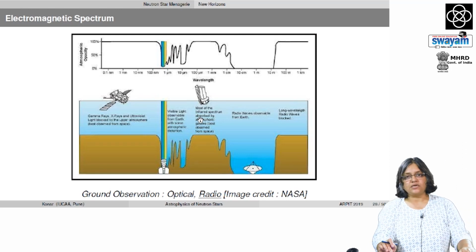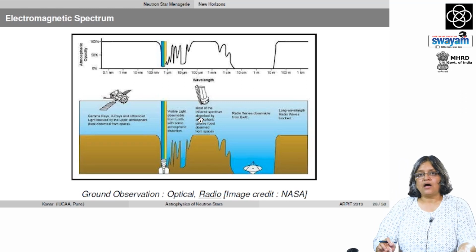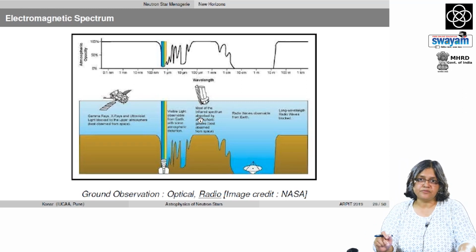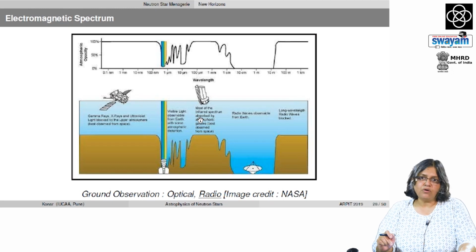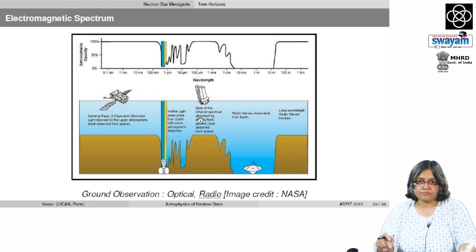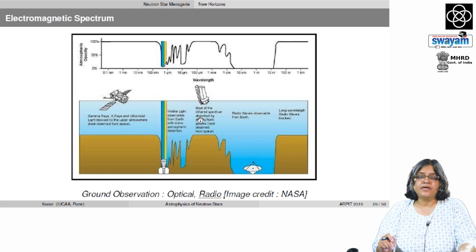Now, neutron stars, as I have mentioned, are mainly observed in the radio as radio pulsars. Therefore, radio observation is extremely important for neutron star astrophysics.